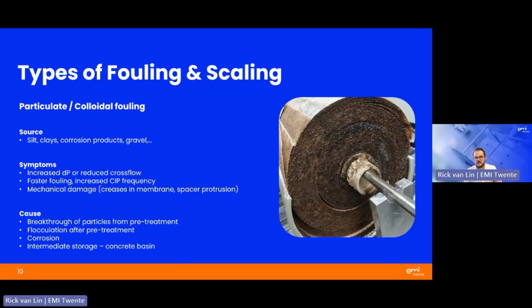But what also happens is that if there's flocculation after your pre-treatment, so there's a pH or charge shift after filtration, which then leads to flocculation and exposes the membrane to high TSS loads. But other typical things such as corrosion in piping or tanks, which then end up in the membrane, or something we've also seen is, for example, intermediate storage. So a concrete basin deteriorating, having gravel being entrained into the membrane.